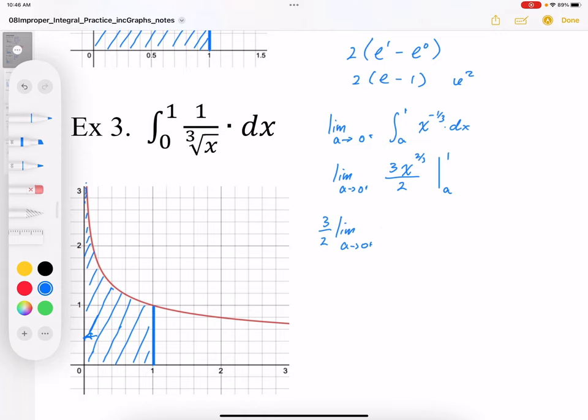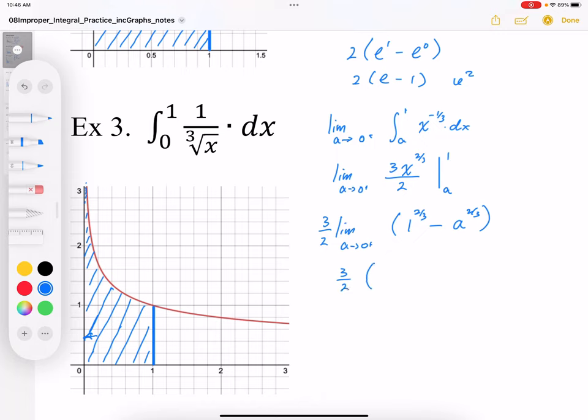And I'm going to substitute in my bound, so it's going to be x. I'm going to plug in the actual value. It's going to be 1 to the power 2/3 minus a to the power 2/3. And then I can evaluate my limit. So 3 over 2.